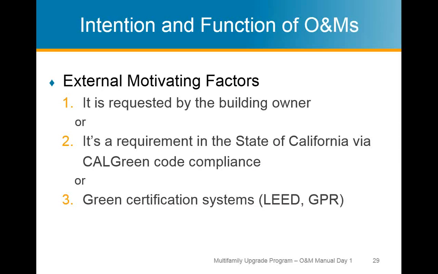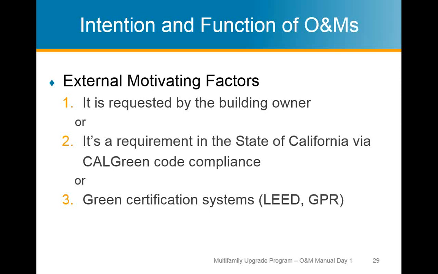So taking a quick detour and pausing briefly to talk about external motivating factors. Everything up until now has been explaining why an O&M manual just makes sense to do. So sometimes we're getting externally motivated instead of that internal intrinsic motivation.